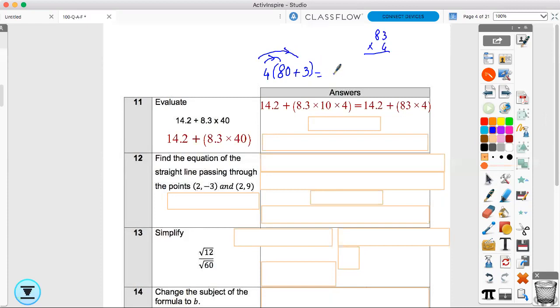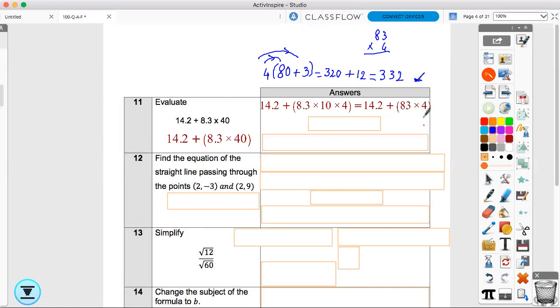Now that becomes much easier. It's 320 plus 12, and you've got less chance to make a mistake, because 20 plus 12 is 32, so 332. So you don't need to do a lot of math to get the right answer.